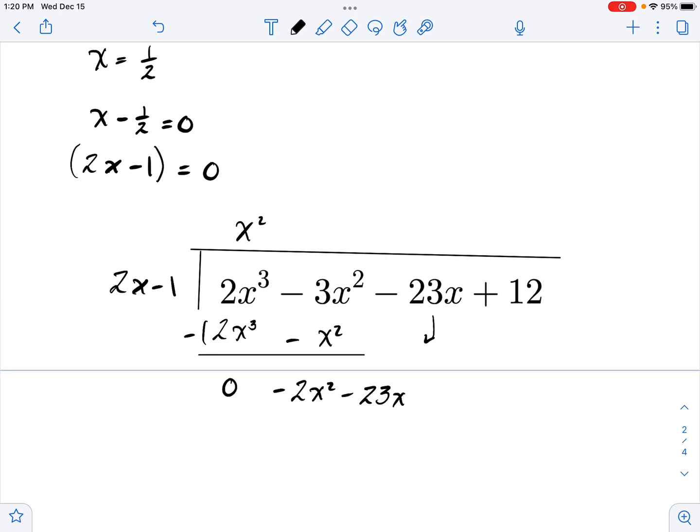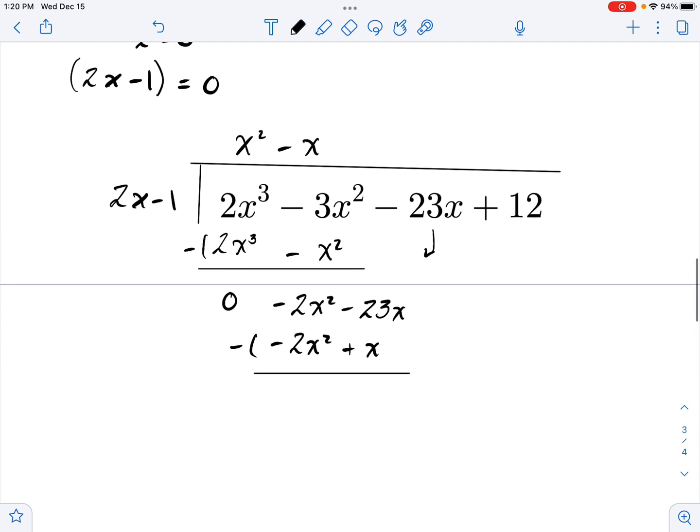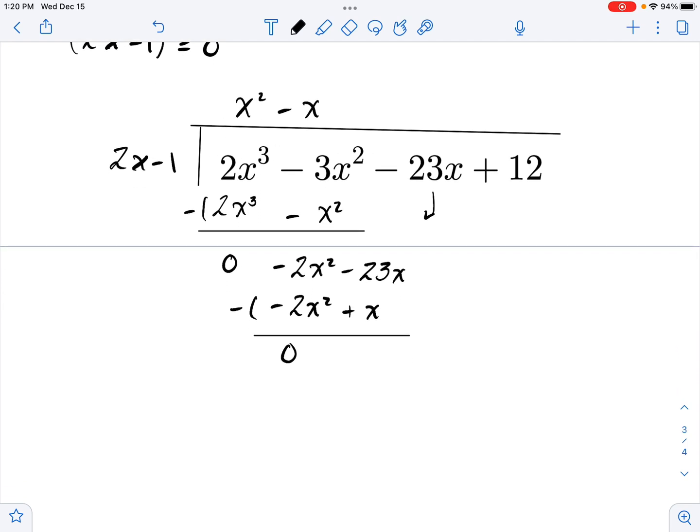2x goes into minus 2x squared, negative x times. So I get negative 2x squared. And then I have negative x times negative 1. That is plus x. I subtract. I will get 0. Negative 23x minus x is negative 24x.